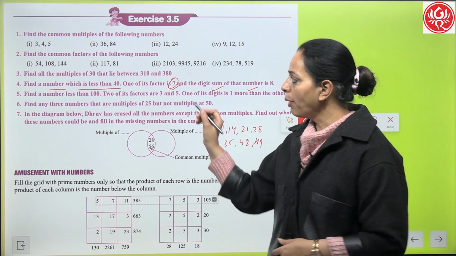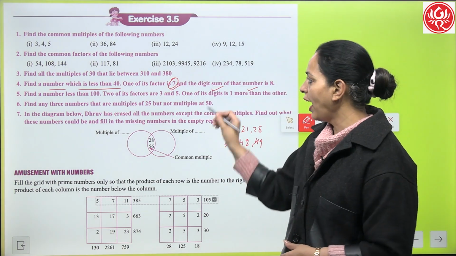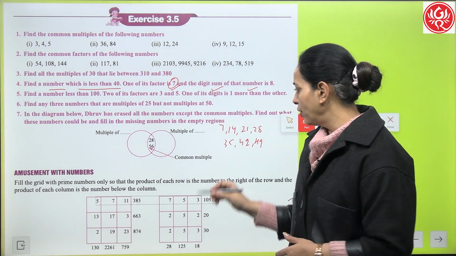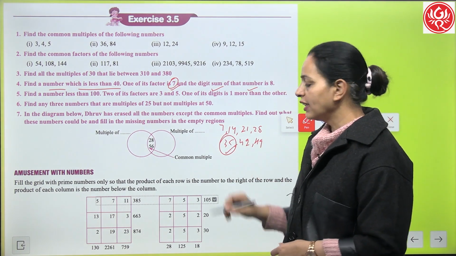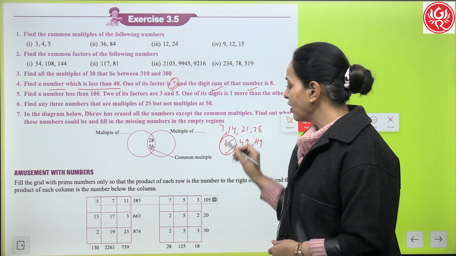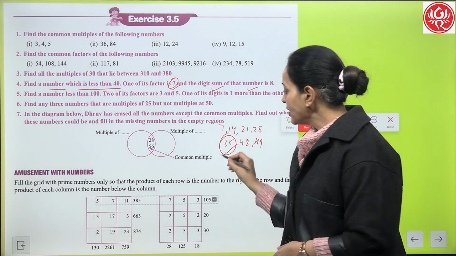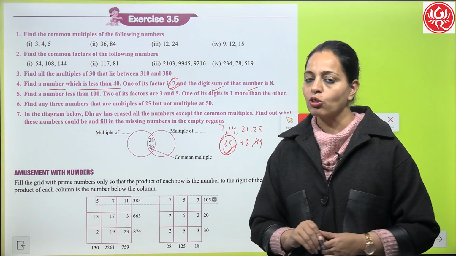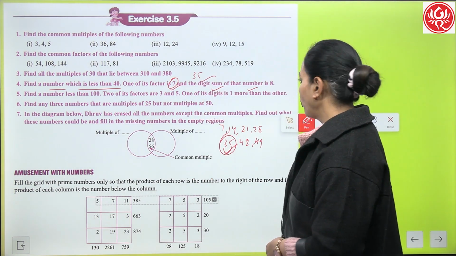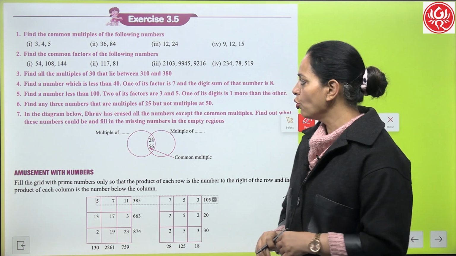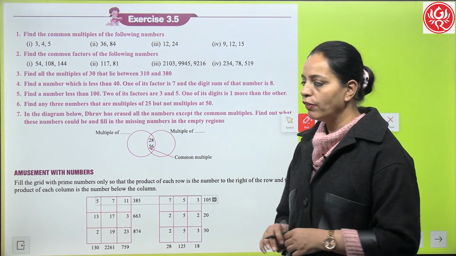We want a number less than 40 and one factor is 7. So 35 is less than 40, 7 is a factor of 35, and the sum of the digits is also 8. So the answer is 35, right? I hope this is clear to you. Now similarly you can try the fifth question.